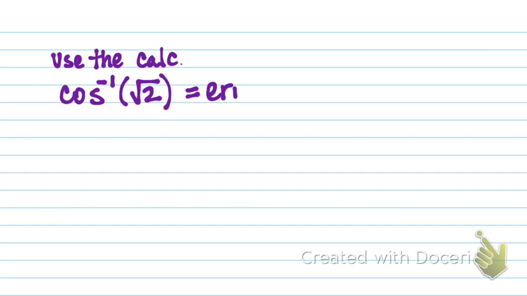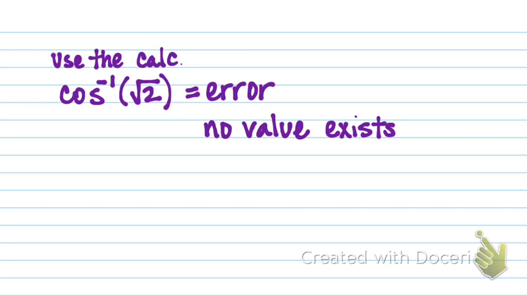It's going to say error, domain. Okay, don't freak out if you get an error. For this situation, that just means that there is not a value where cosine is the square root of 2. There's no angle where cosine has a square root of 2. So it just means that there's no value or it's undefined. Okay? Otherwise, as long as you type it in correctly, you're going to get the correct answer.